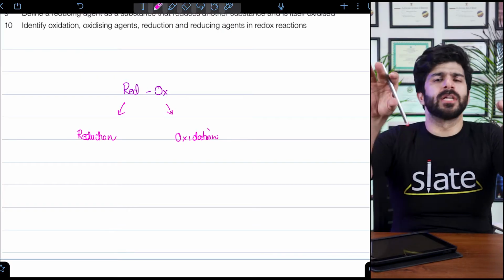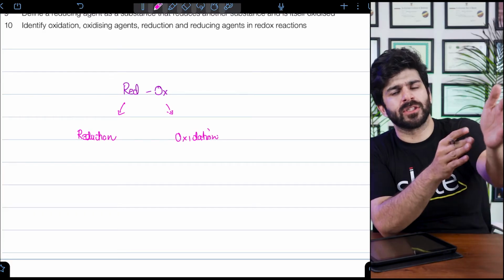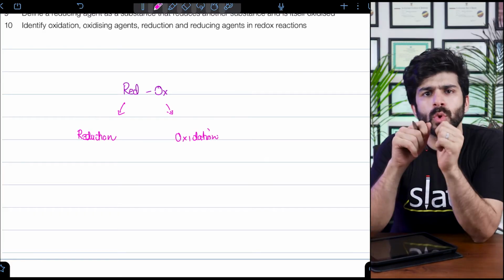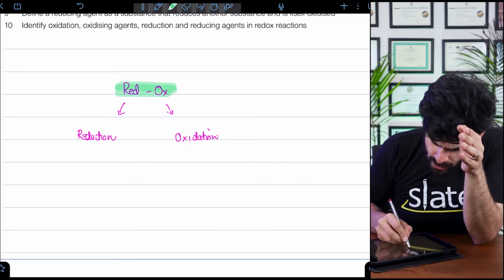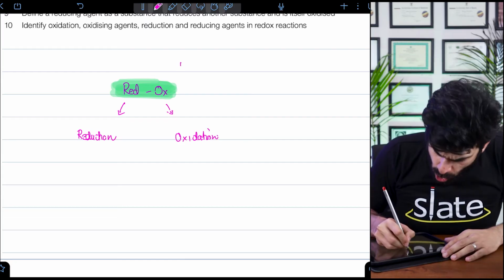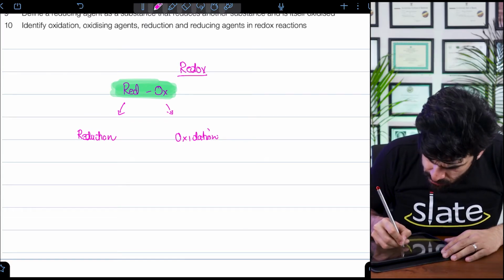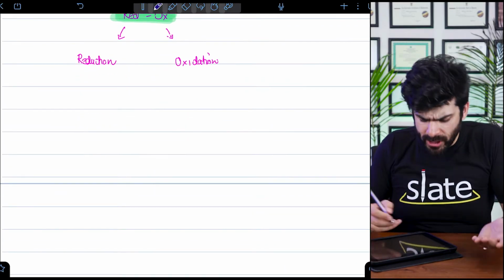If one is happening, the other is happening. It won't be a case that this is only a reduction reaction, this is only an oxidation reaction. No. They occur together, and that is why we call them redox reactions. There's no dash between them. We just call them redox. So, what is reduction? What is oxidation?